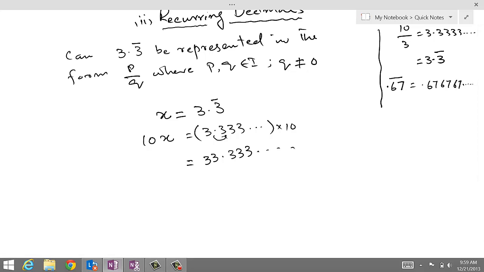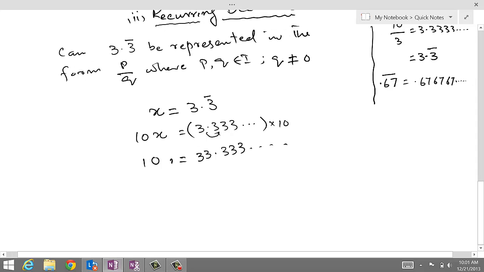So 10x is equal to 30 plus 3.333 and so on, since we always want to reproduce the same number we started with.